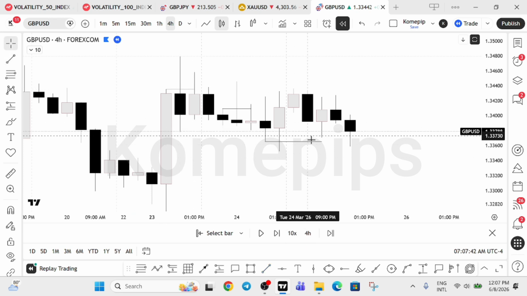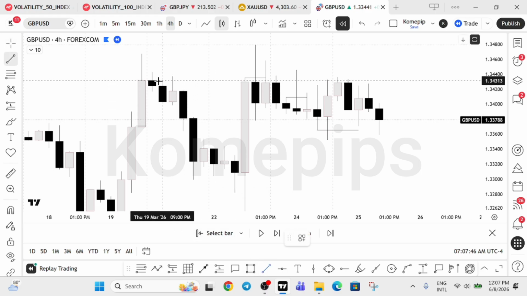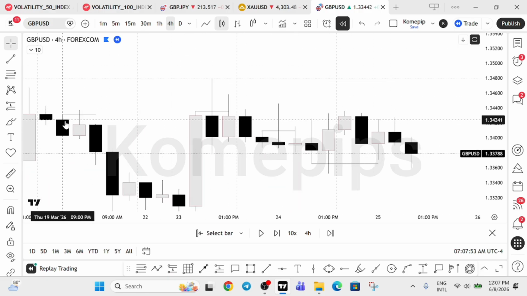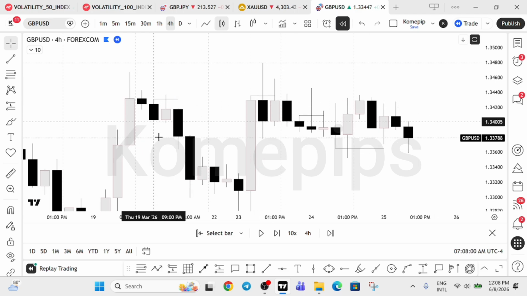All right, so having said this, I want us to go straight to the point of the video. Let me point more for you so that you understand. So this is CRT, this is a candle, and the next candle sweeps it, that's CRT. What that implies is that there is liquidity on every candle.